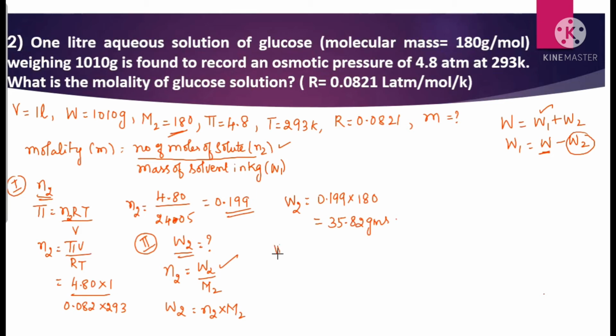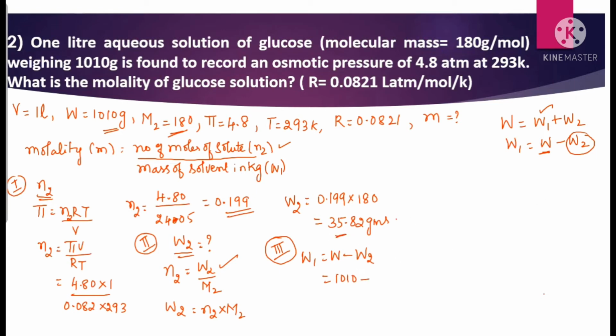What is the third step? We are supposed to calculate the weight of the solvent, that is W1. How to calculate W1? W1 is equal to W minus W2. Now substitute the values. What is W? It is 1010. 1010 minus what is W2?